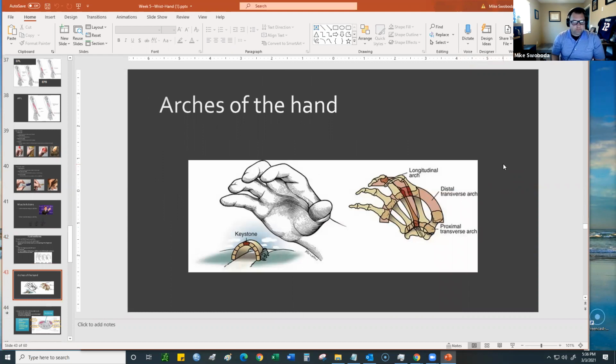Okay, so everyone knows about the arches in your feet, or at least I'm assuming that. You also have the same or similar arches in your hand. However, they're really not that important in your hand. And why do you think that is?